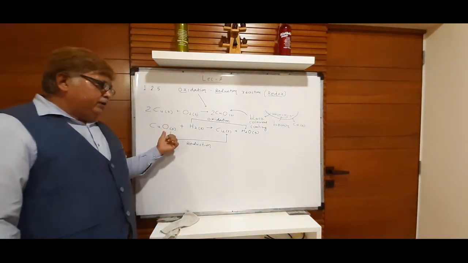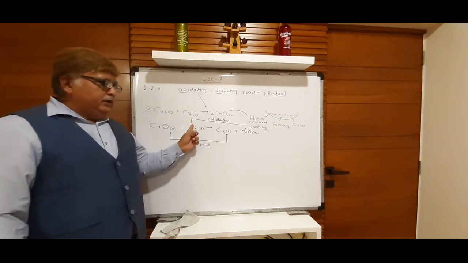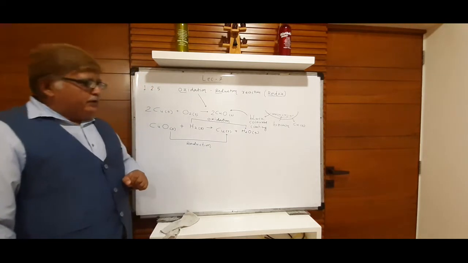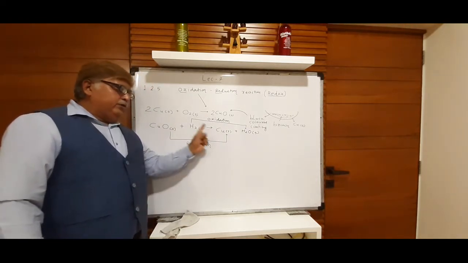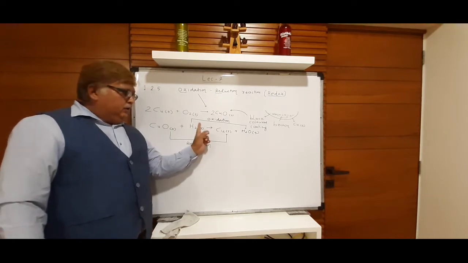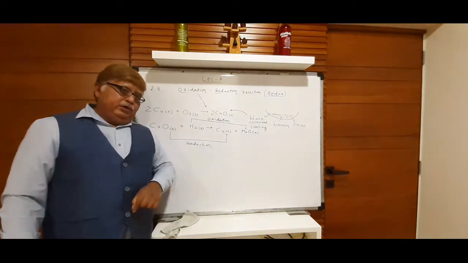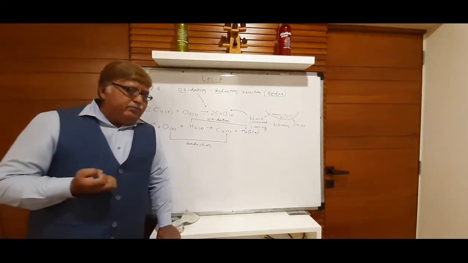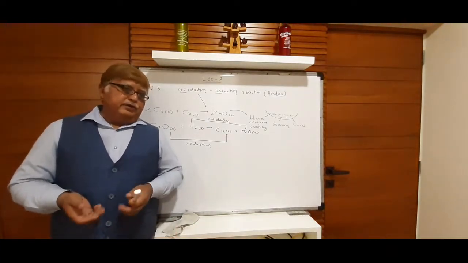Copper oxide gets reduced to copper. Hydrogen gets oxidized to water, H2O. Understand? So one substance got reduced, one substance got oxidized. Because oxidation and reduction are both occurring simultaneously, we may call it a redox reaction.